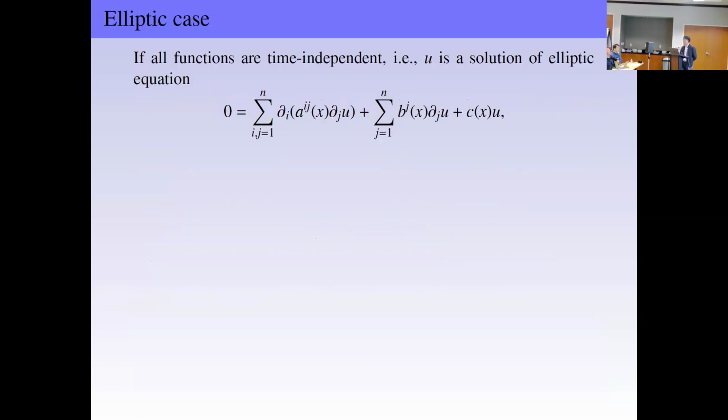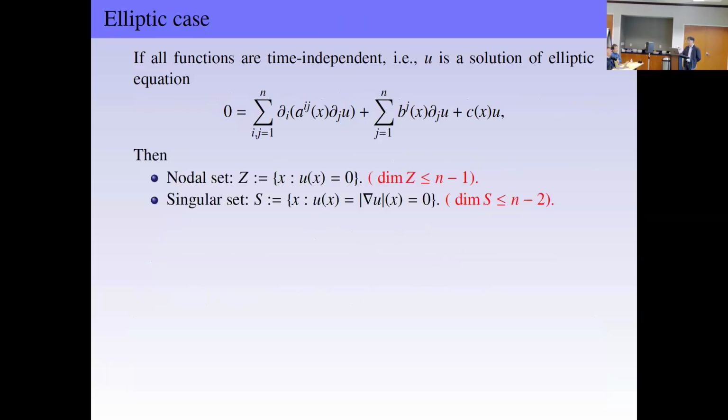So let us record some special cases. The elliptic case: if we assume all the functions and all the coefficients are time independent, then u will be a solution of the elliptic equation. It was proved by Hardt and Simon that the nodal set has codimension 1, the dimension is less than or equal to n minus 1, and the singular set has codimension 2.